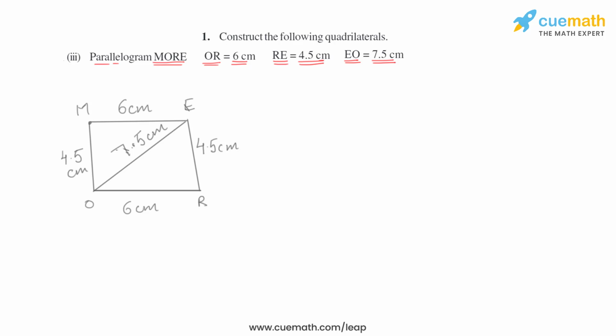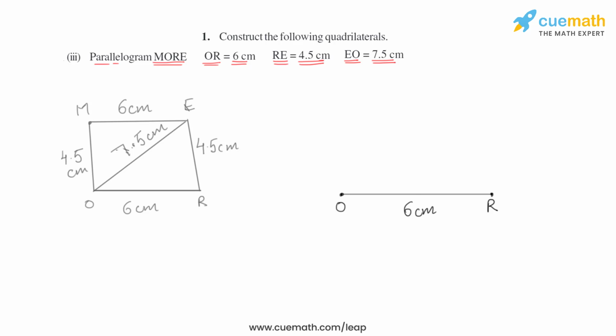Let's construct it now. First step, we construct a line segment OR which is 6 centimeters. So construct a line segment OR, point O, point R, and the length is 6 centimeters. Then RE is 4.5.